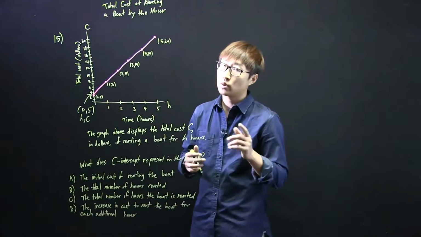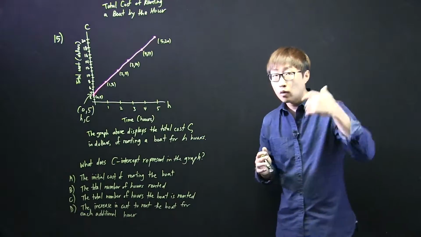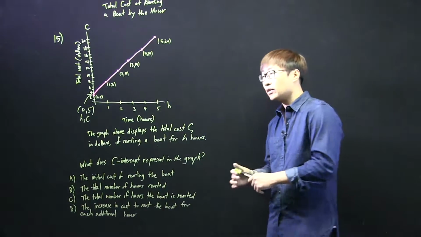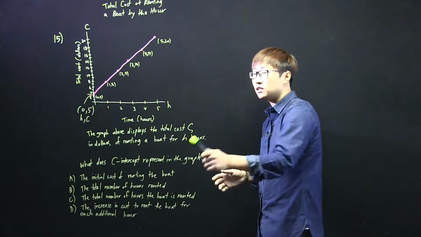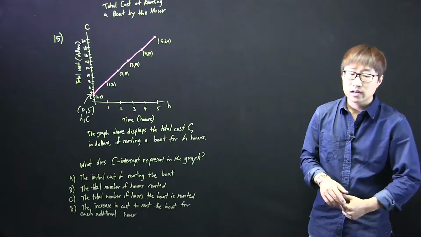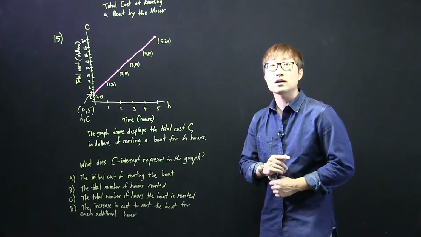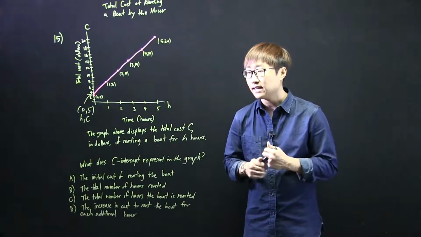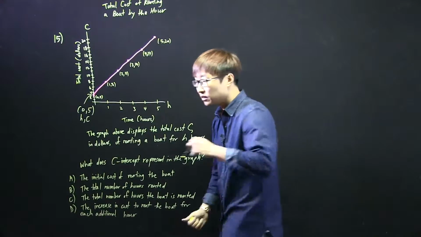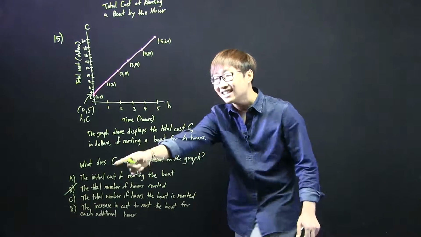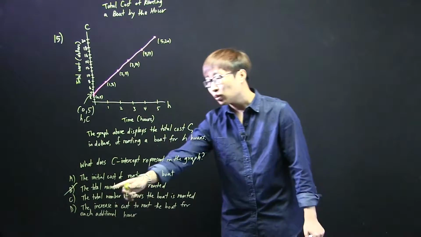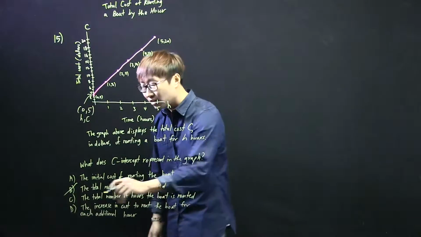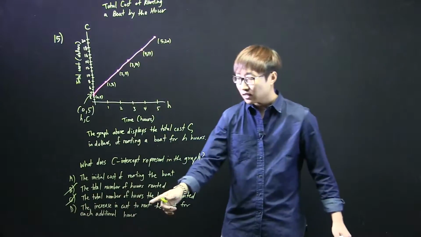So let's go through the choices, and whatever fits what we just said should be my answer. A, the initial cost of renting the boat. That sounds pretty good, very close to what we just said. B, the total number of hours rented. Hours is H, it's got nothing to do with the C-intercept.